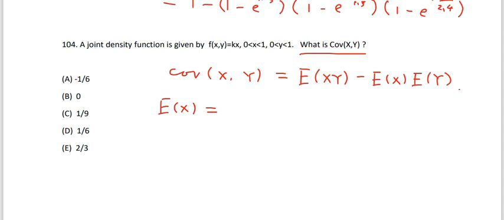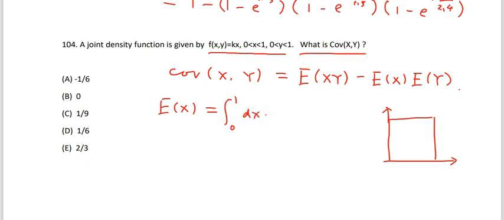So this density function, okay. The range is X from 0 to 1, Y from 0 to 1. So X from 0 to 1 dx, and Y from 0 to 1 dy. So here X times f(X,Y), so kx dy.